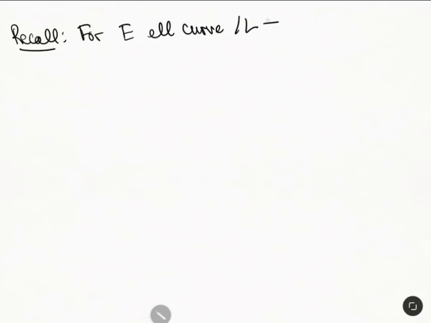So recall that for E an elliptic curve over L, a finite extension of Q_p, with, let's say, |j| greater than 1.